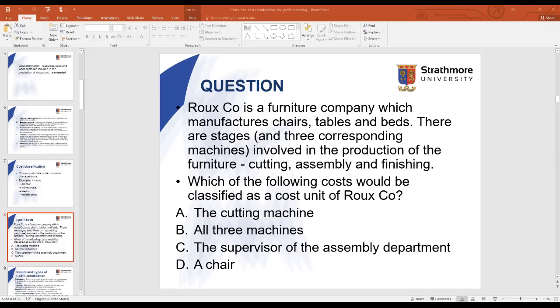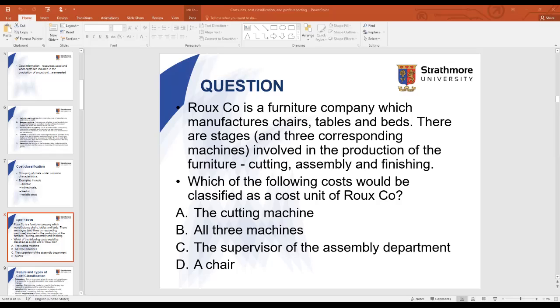Maybe they can be a cost unit if, as a company making furniture, you have outside people who come with their timber for cutting only. You have a good cutting machine, so other customers come and bring their timber, you cut it and charge them for the cutting. I don't know whether it's clear.